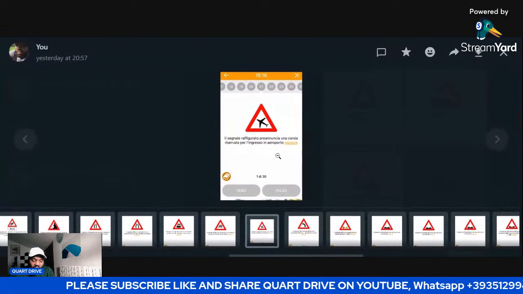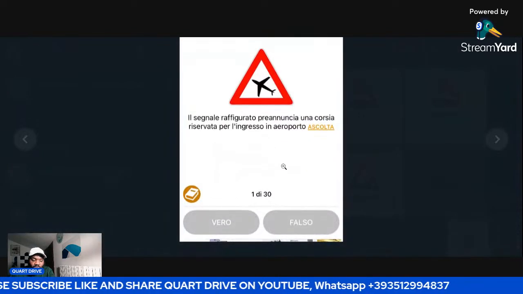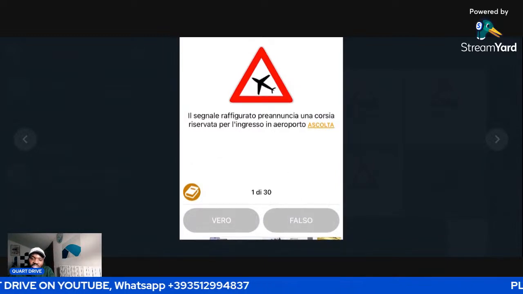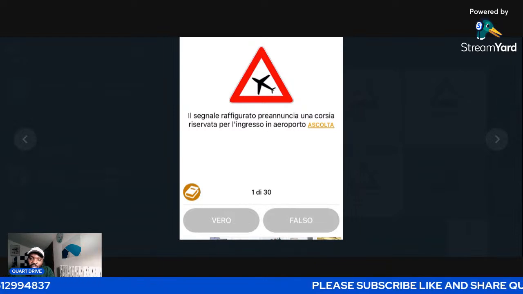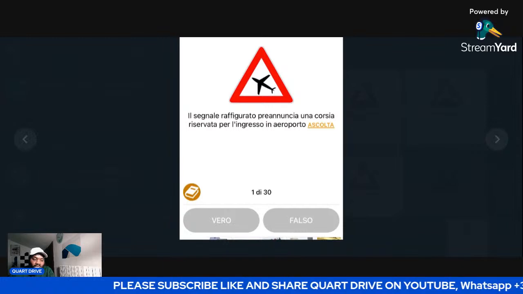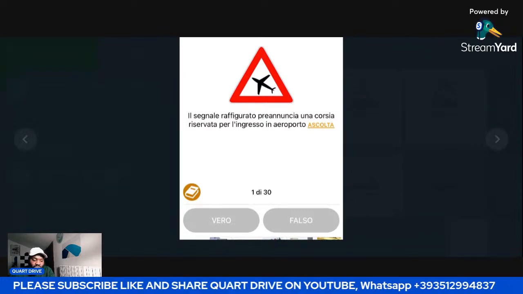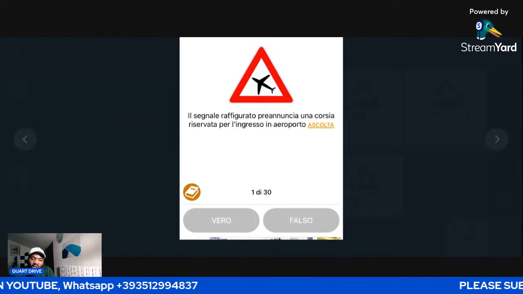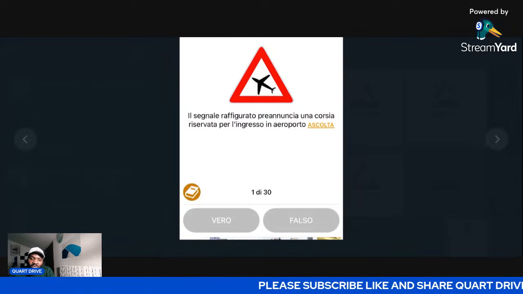So the 21st question here is saying that il segnale raffigurato preannuncia una corsia riservata per l'ingresso di aeroporto. This one here is talking about airports, places that normally have flights. It is not ingresso di aeroporto, but it alerts you that there will be planes or flights flying over that particular area.